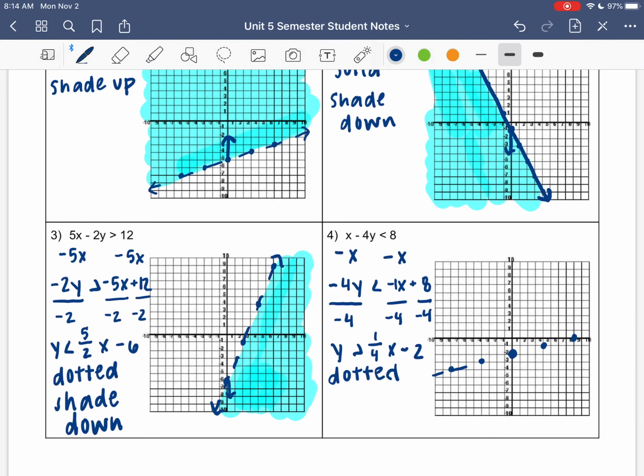It does not have the equal to piece. So I'm going to connect with a dotted line. My symbol, when I got it in slope-intercept form, was greater than. So we need to shade up for greater than. From the y-intercept, we're going to shade up on that side, which would be this whole section.